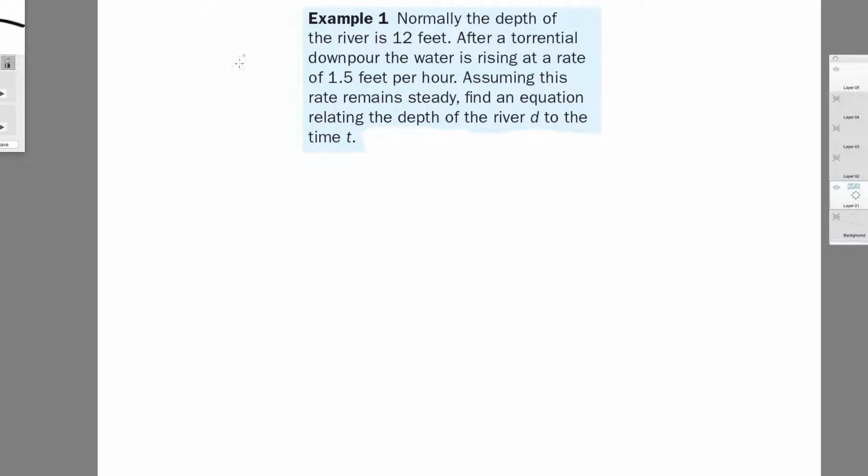So let's take a look at what we have for this equation. Normally the depth of the river is 12 feet, so when it all began, it was at 12 feet. So depth equals 1.5, and that's feet per hour, times time in hours, plus the starting point, which is 12 feet.